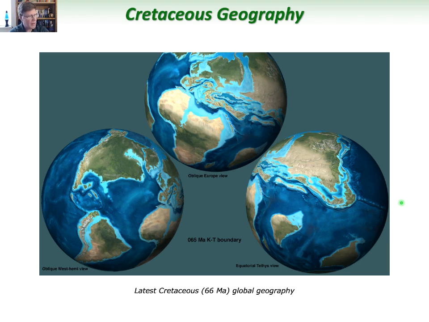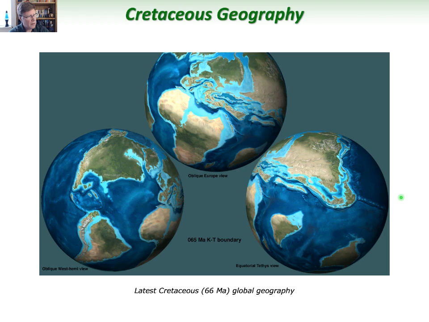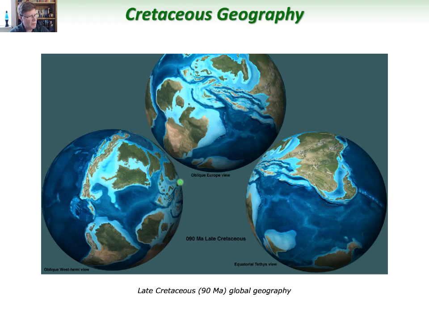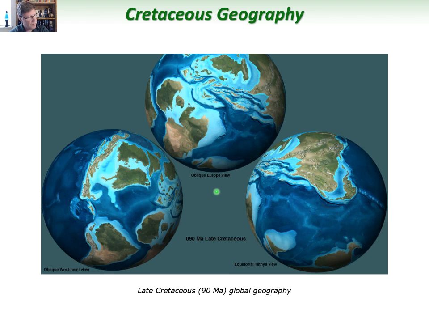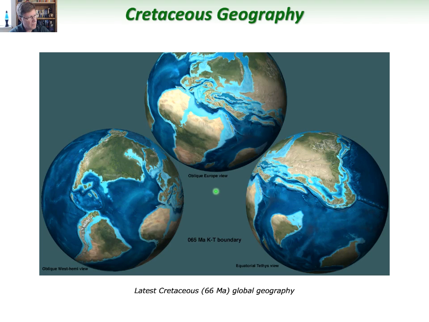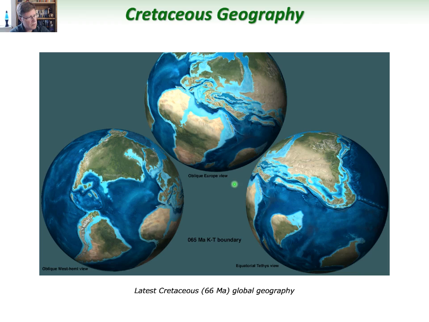So looking back, the late Cretaceous about 90, and then the latest Cretaceous right there at the boundary at 66. Notice North America, the seas will drain off by the end of the period. South Atlantic will grow.